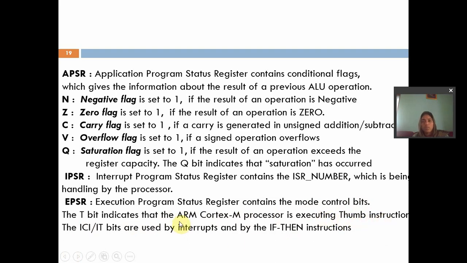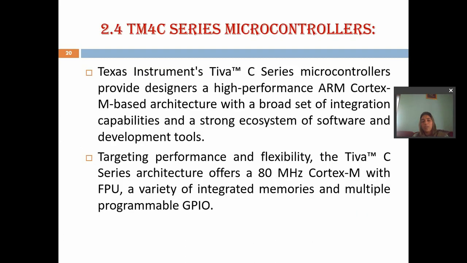We have two types of Thumb instructions: the Thumb 1 instruction set and the Thumb 2 instruction set. Thumb 1 allows 16-bit operations, whereas Thumb 2 allows 16-bit as well as 32-bit operations.